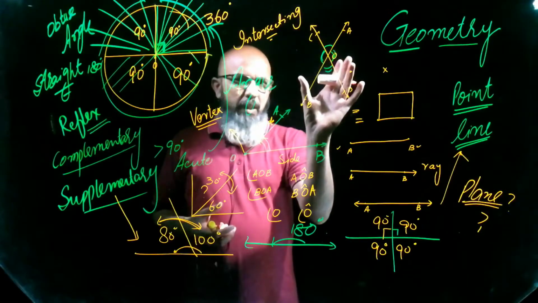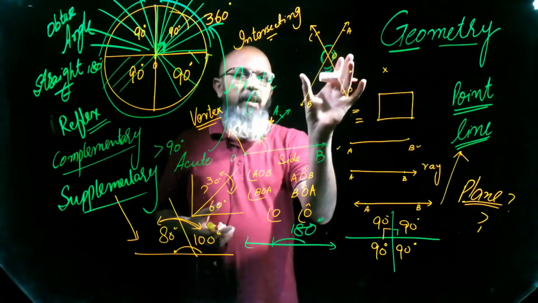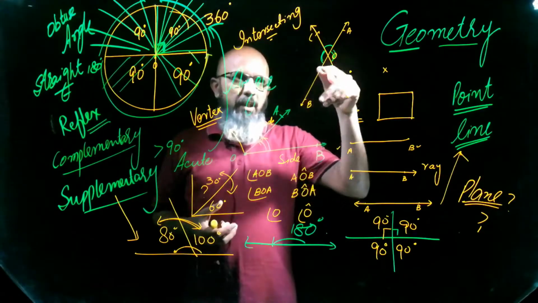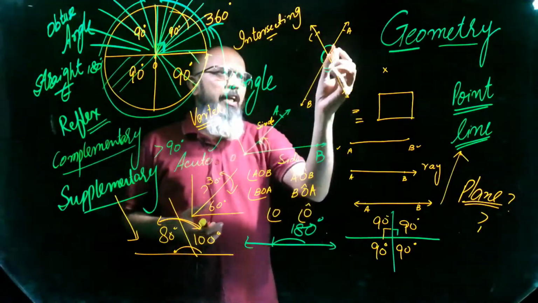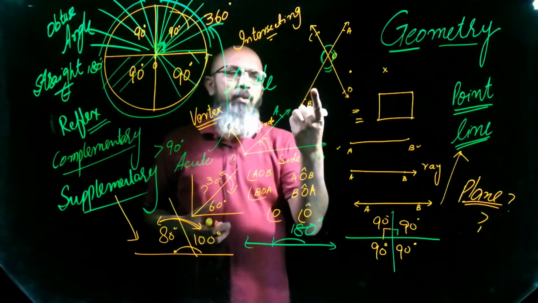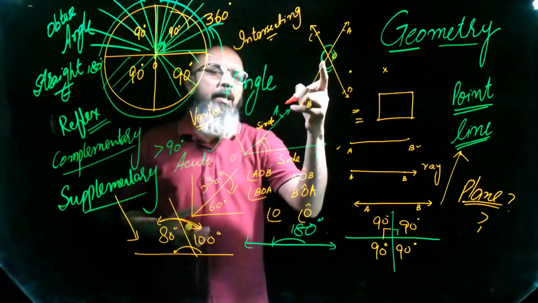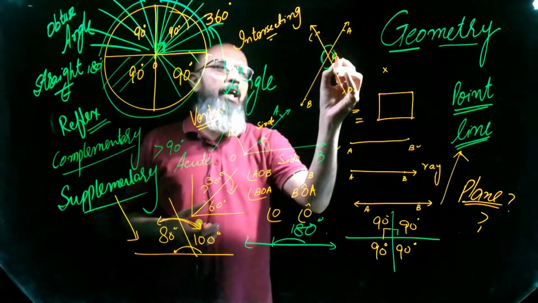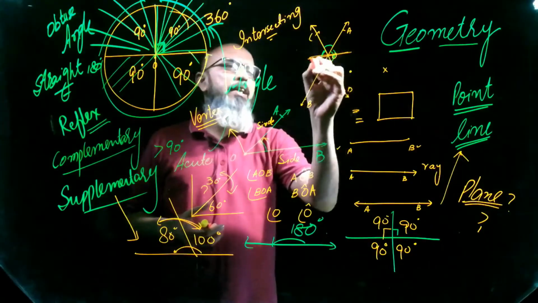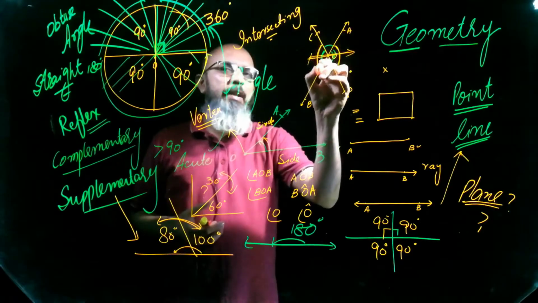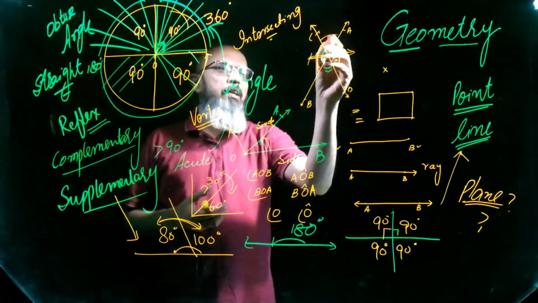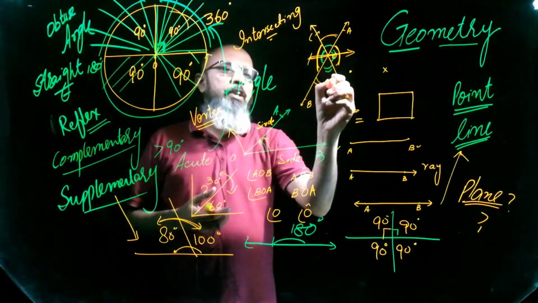Now we study intersecting lines. So we see what the main properties of intersecting lines are. As I already told you, they make 4 angles. The property of intersecting lines is that the opposite angles are the same, meaning this angle is equal to this angle. Similarly, this angle is equal to this angle.